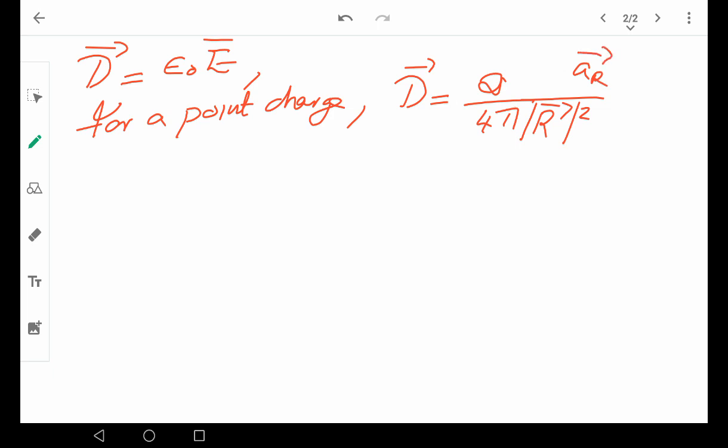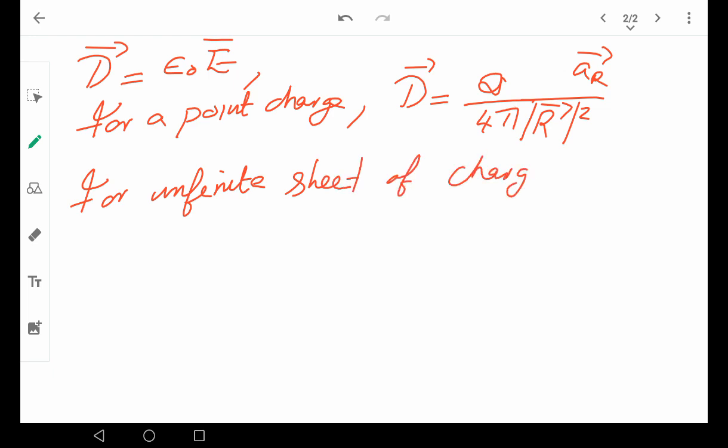Similarly, if you take an infinite sheet of charge, you can have D equal to rho s by 2 an, right?